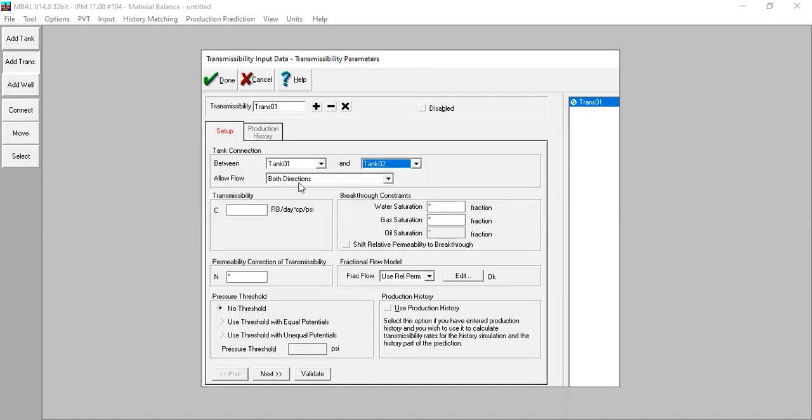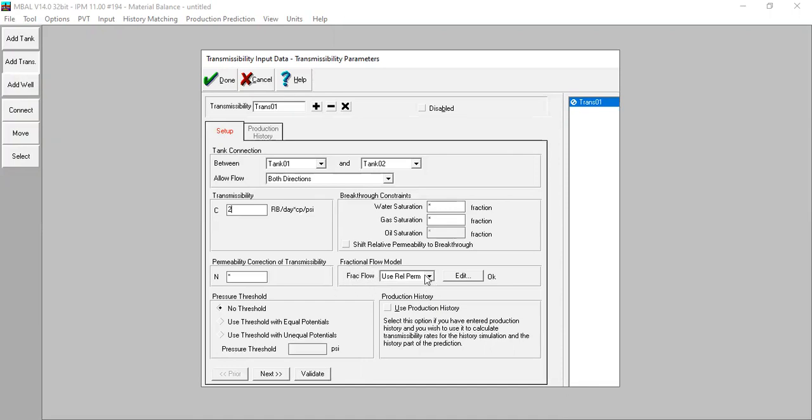Allow flow from both directions, and I need to provide the transmissibility. For example, I guess or I predict the transmissibility will be 2 reservoir barrels per day per centipoise per psi.